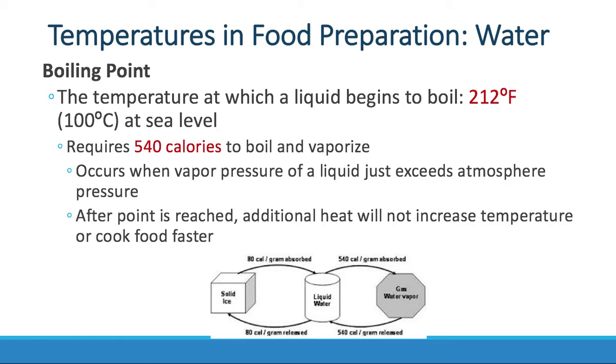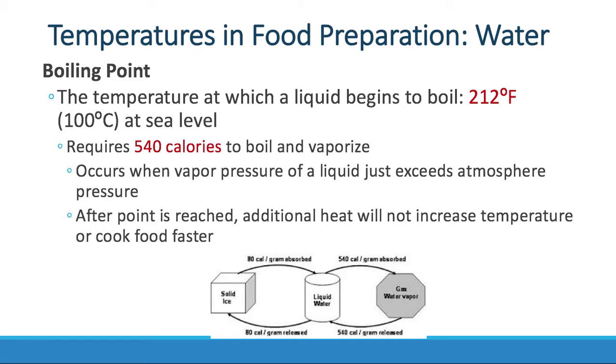As water boils, the steam is trying to escape. Once that vapor pressure, the pressure of that steam, exceeds the atmospheric pressure, it is able to be released, so we'll have that steam released into the air. Think of vapor pressure as pushing against that atmospheric pressure, and once it can exceed it, we have that steam released.